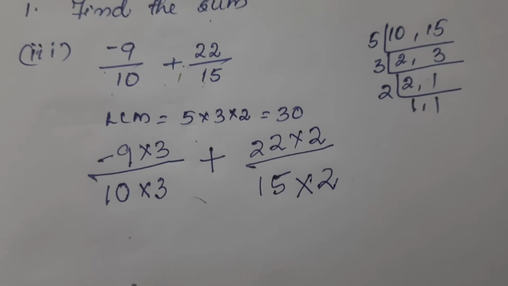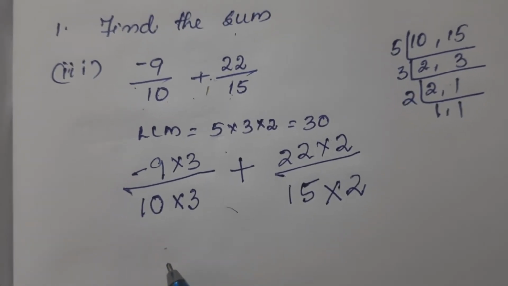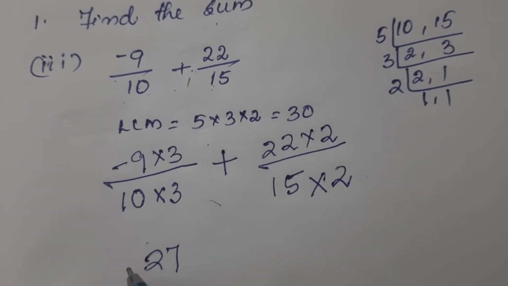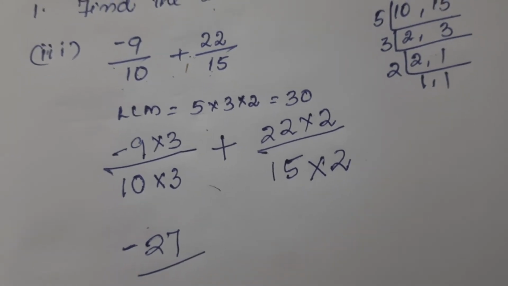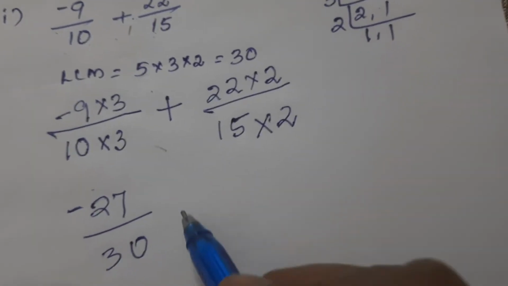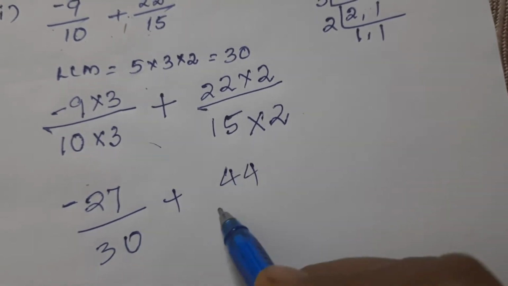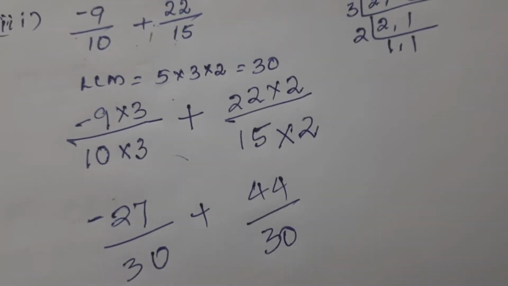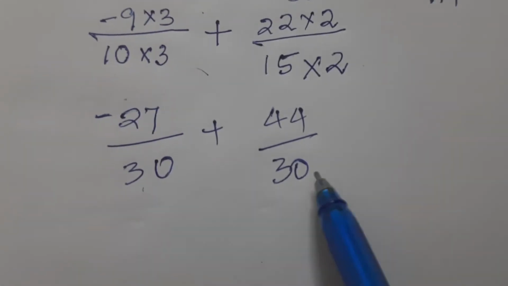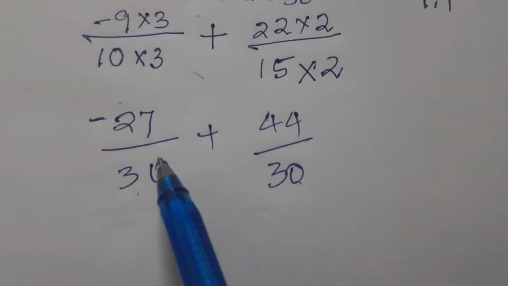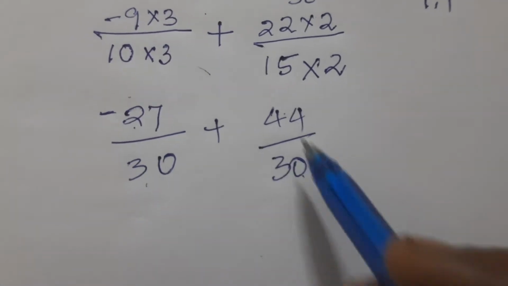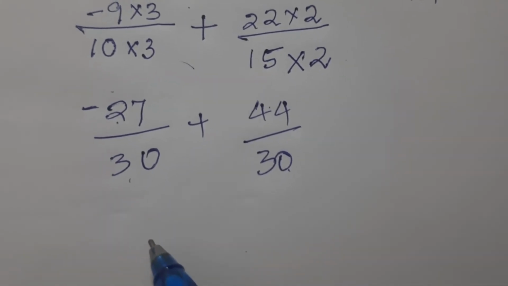Now let's see the multiplication of this. 9 3s are 27, and that is negative 27 by 30. And the next rational number is 44 by 30. Now here we got both the denominators the same. We can directly add the numerators as we have learned before.